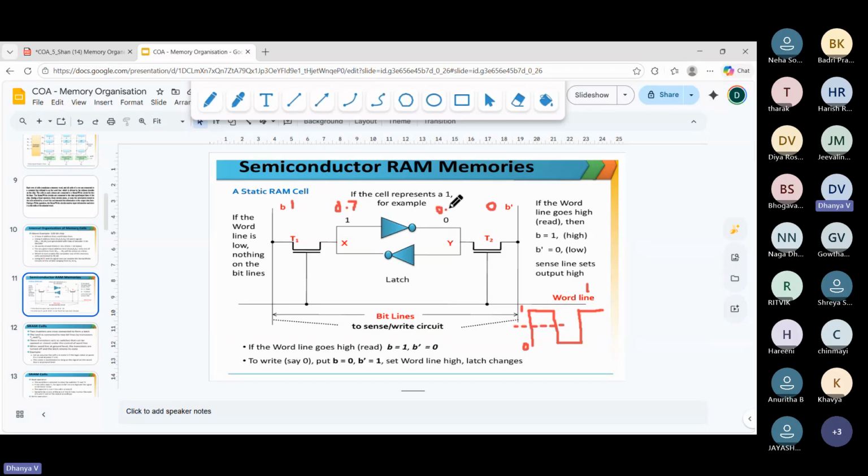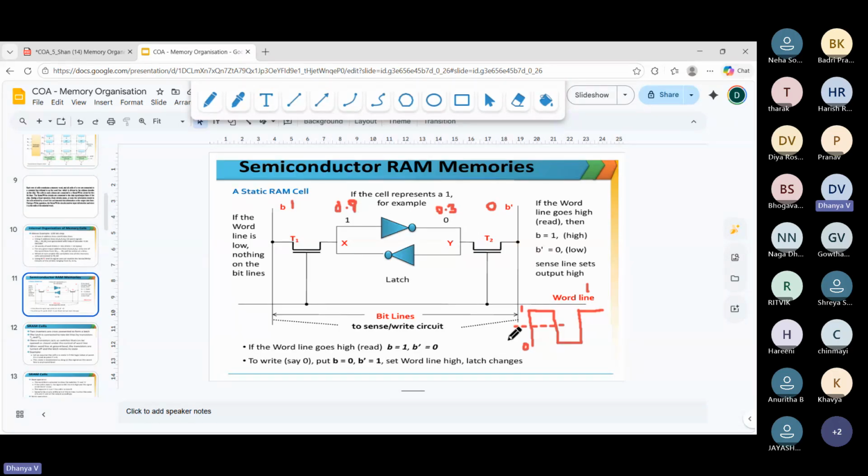So now we have something called the sense amplifier. It will see the difference between these two, and then it will keep this as 0.9 and this as 0.3.